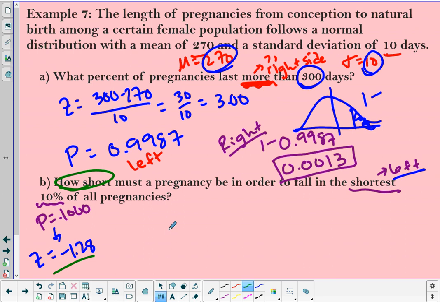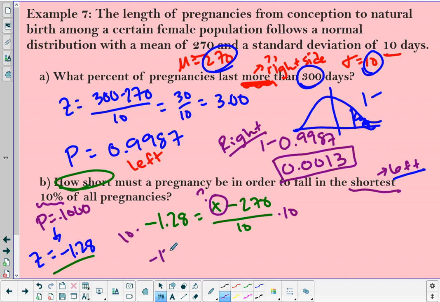So this goes back to that other lesson that we talked about, finding the missing x value. If I know the z-score and I plug it into my formula, I don't know the x, I know the mean, I know the standard deviation. Now, back yourself out to find the x. Multiply by 10.